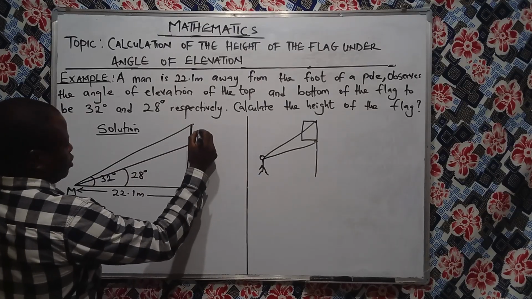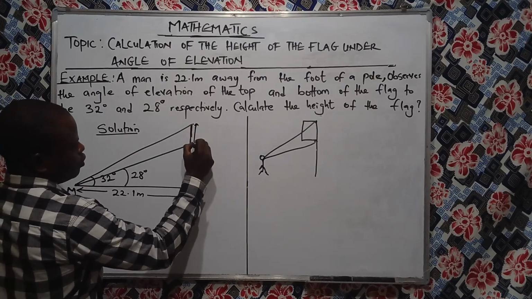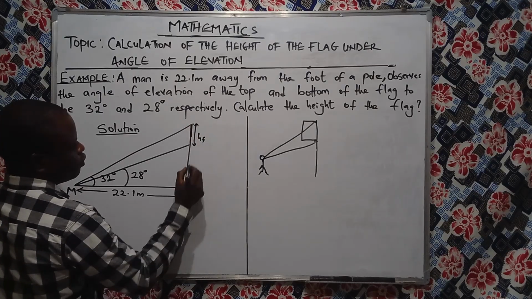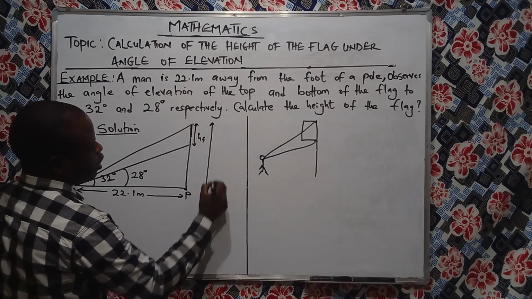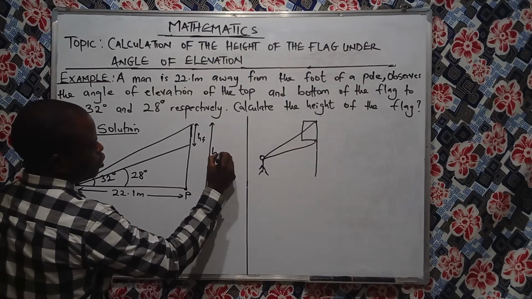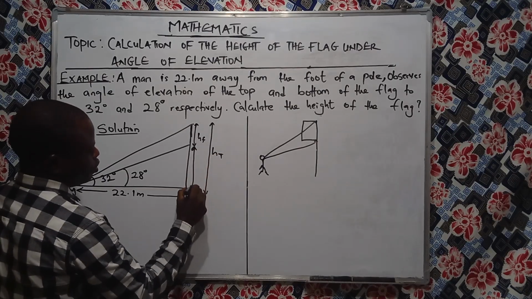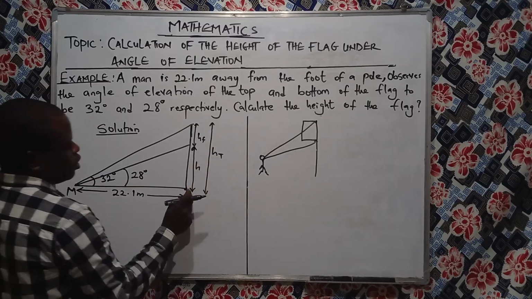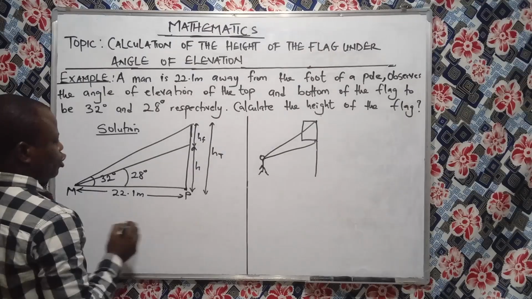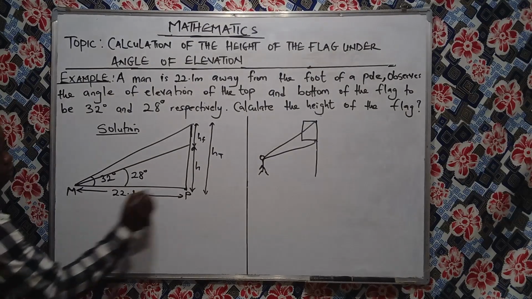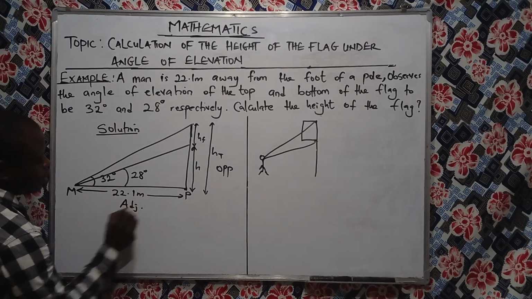Let's take the height of the flag, HF, as what we are looking for. Total height of the pole, HT. Let's take the height to the base of the flag to be H. Now this is the opposite and this is the adjacent.